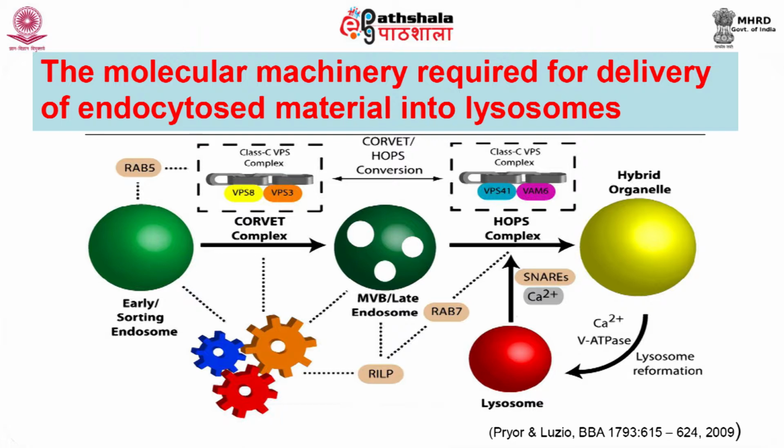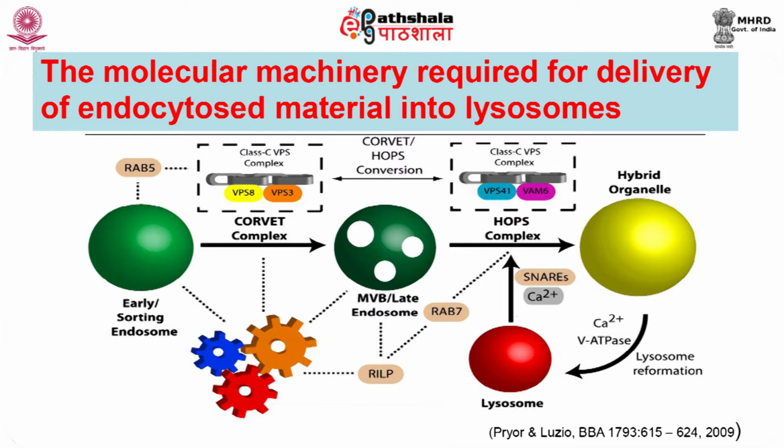At the first place, it requires maturation of early endosome to form a multivesicular body or MVB. The maturation events involve several complexes whose activity is highly coordinated in such a way that it will form organelle which can fuse with the lysosome. The major complexes involved in maturation are Corvette complex and Hobbs complex.